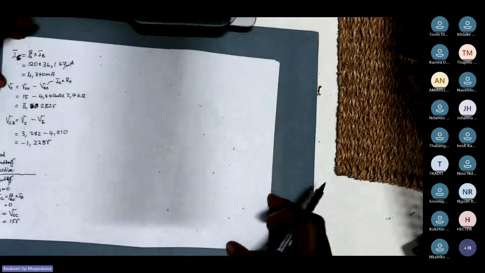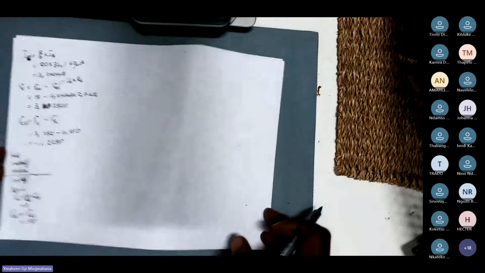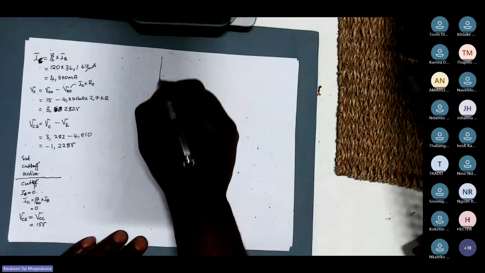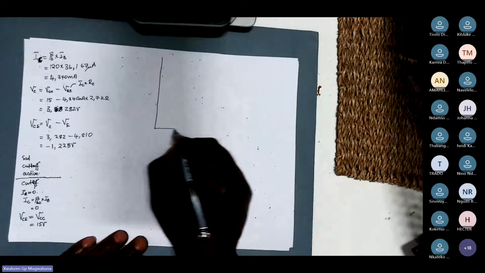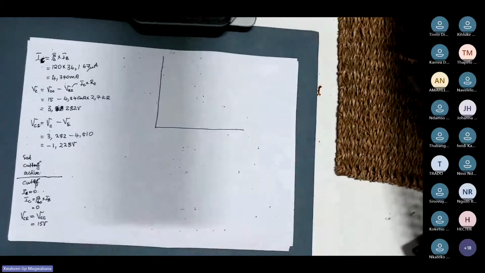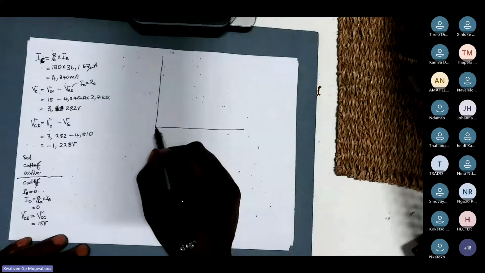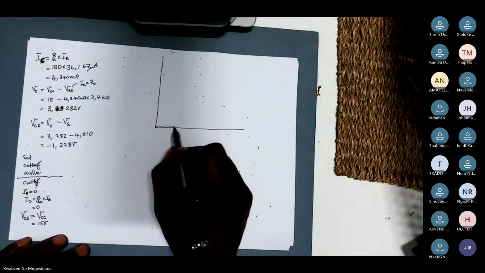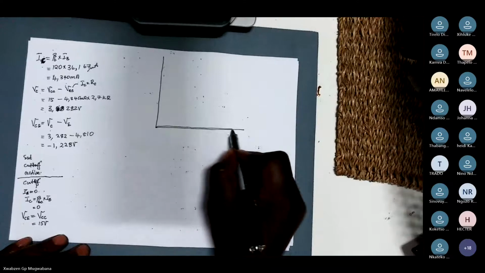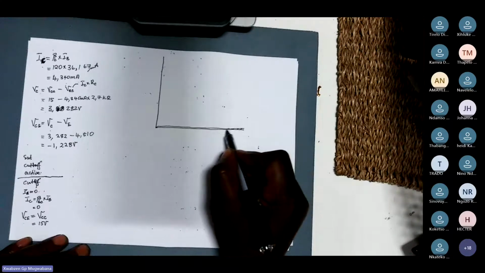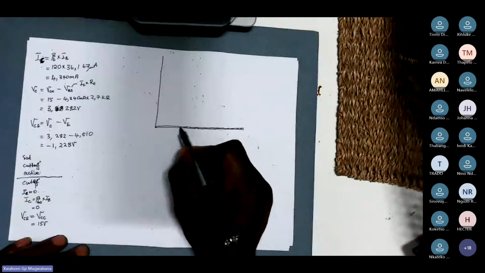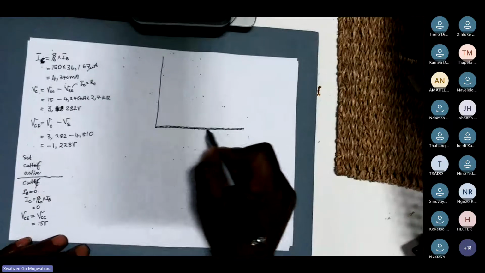This is during the cutoff region. Where is the cutoff region? You will see that on your collector characteristic curve, and I hope you are following this. This is where your cutoff region is.